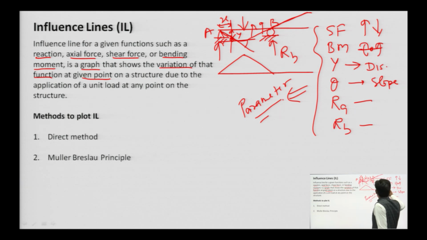To find any parameter, we can use the static equilibrium equations. But these parameters can also be determined very easily through influence lines.